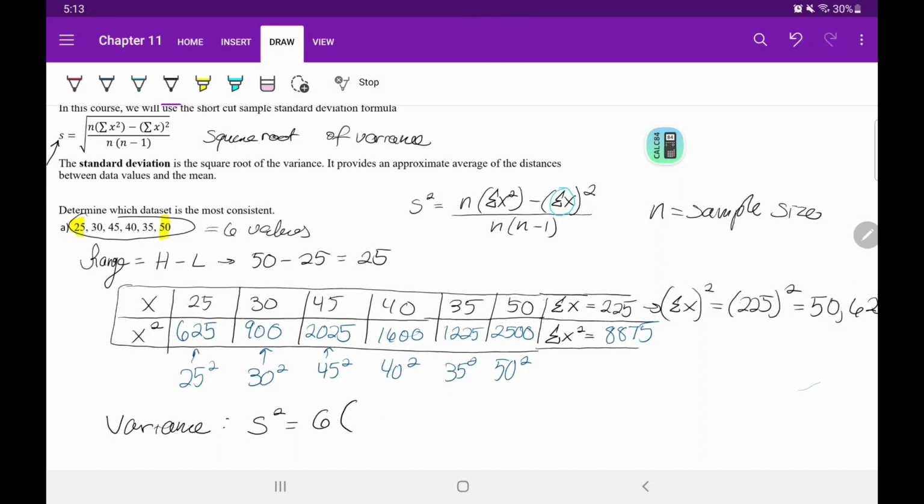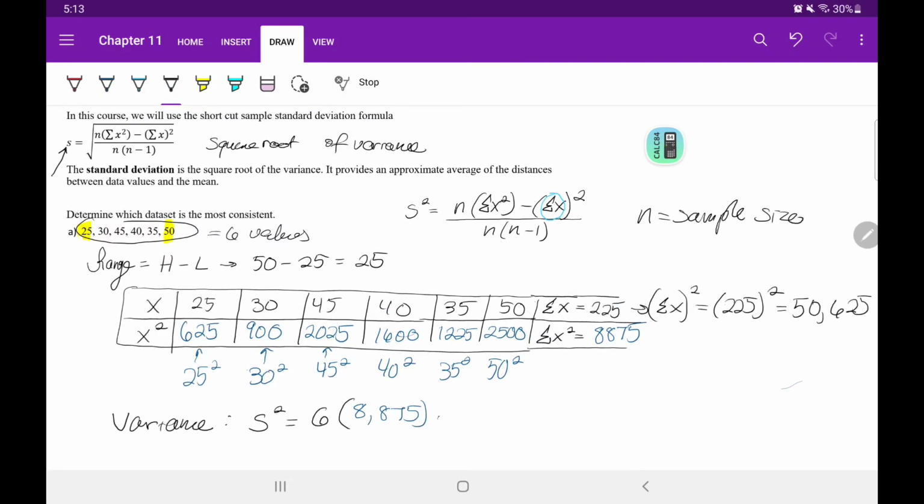So 6 times the sum of the squares from my data values, which is 8,875, minus the sum of my data values being squared. When we did that, we got 50,625, divided by n times n minus 1.